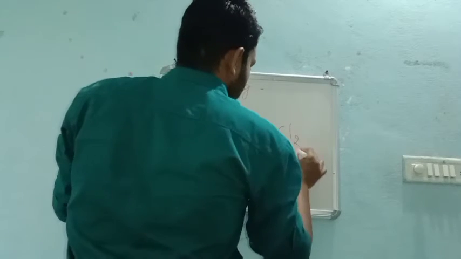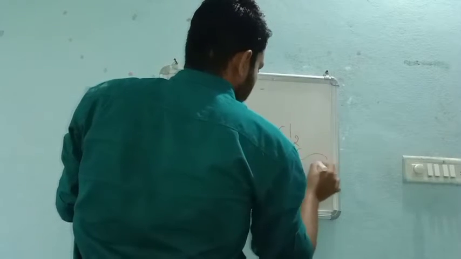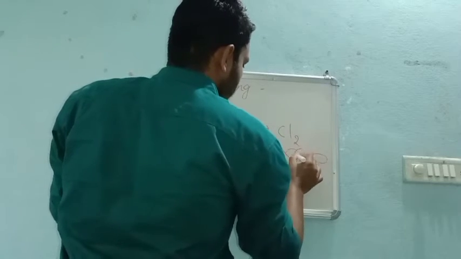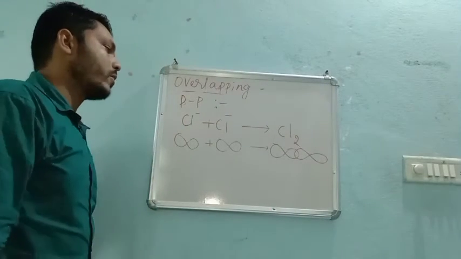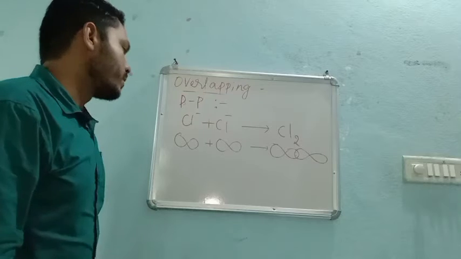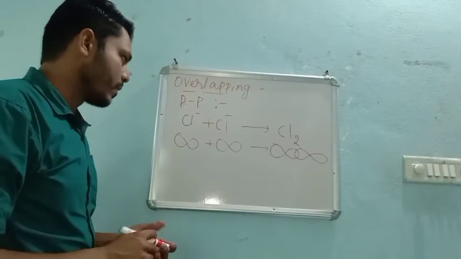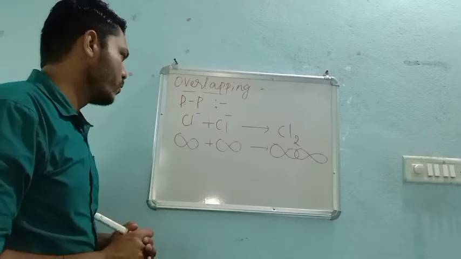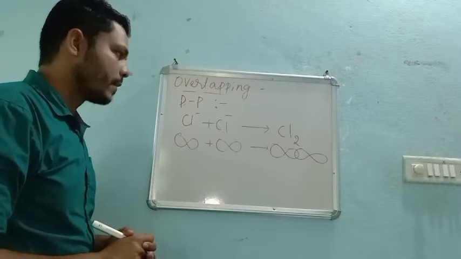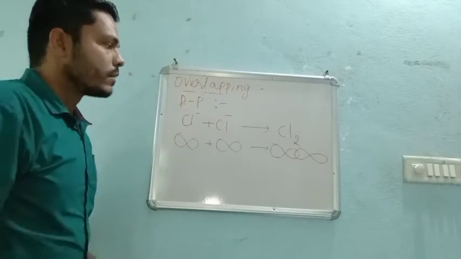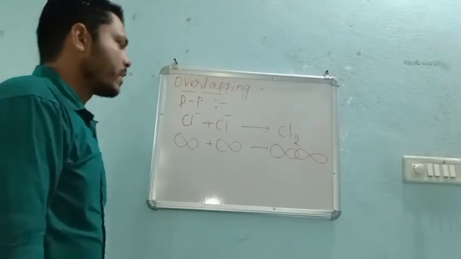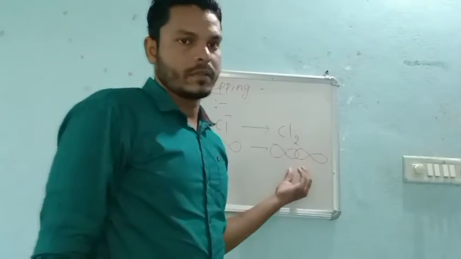And when they overlap with each other, this type of overlapping takes place. So whenever pp type of overlapping happens between any two p-block elements, definitely the formation of this type of bond takes place, right?